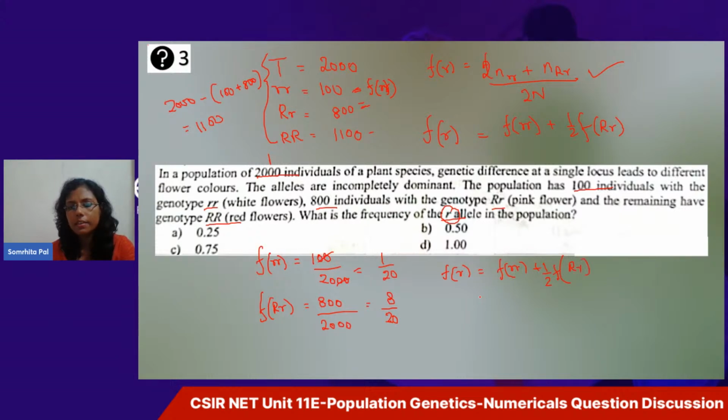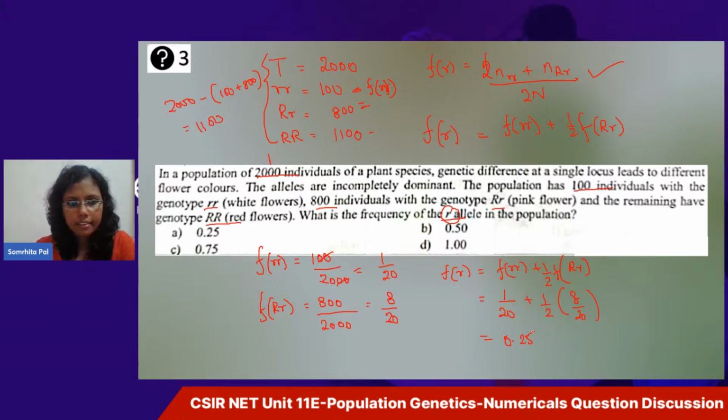So it will be 1 by 20 plus half of 8 by 20. If you calculate this, you come to a result of 0.25.